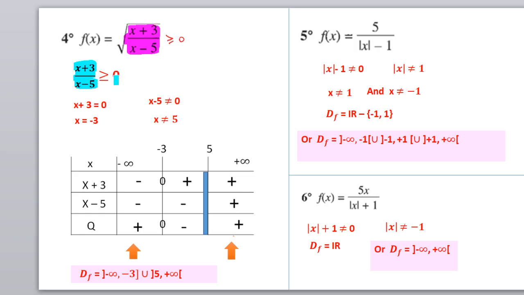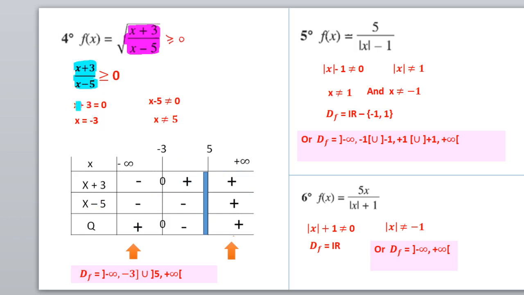There are many cases to find, or many numbers. In order not to confuse, we make a table. This table is not to confuse you. It's just to illustrate all the information about x plus 3 and x minus 5 in front of your eyes in one table. It's a very clear idea. Let's start with x plus 3.